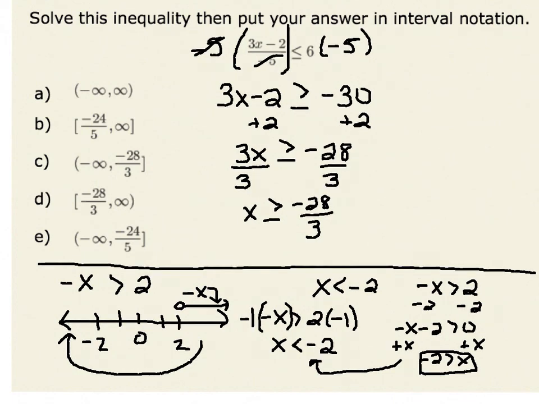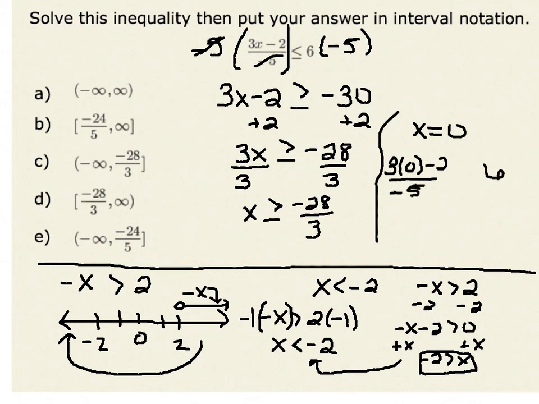So if I pick any number greater than or equal to negative 28 thirds, I could verify whether or not my solution makes sense. For example, I know that x equal to 0 is definitely greater than negative 28 thirds. When I substitute 0 back into my original inequality, I have (3 times 0 minus 2) all over negative 5, and I want to verify that that is indeed less than or equal to 6.